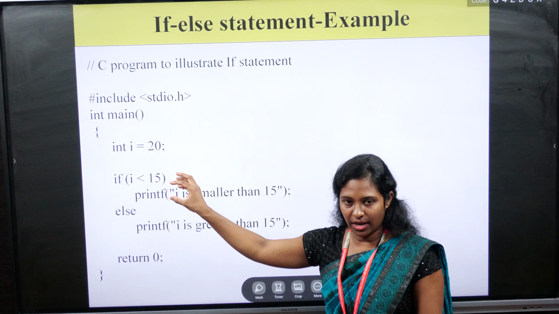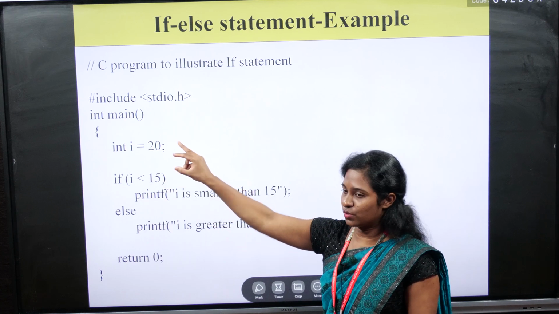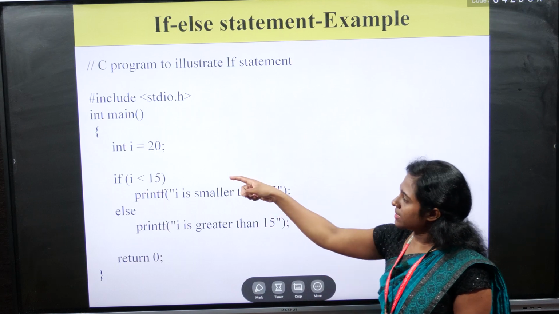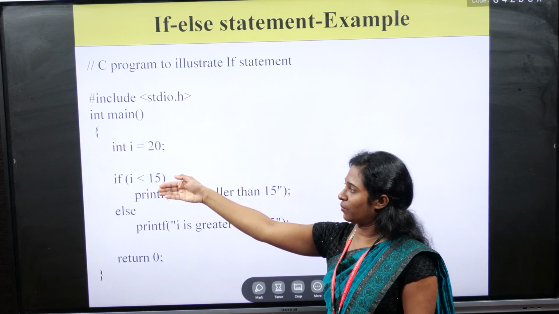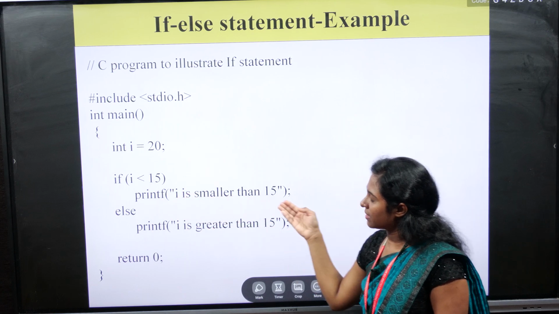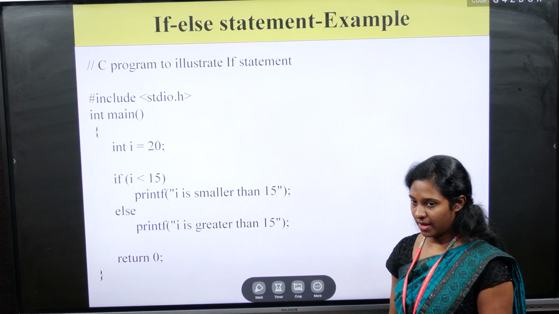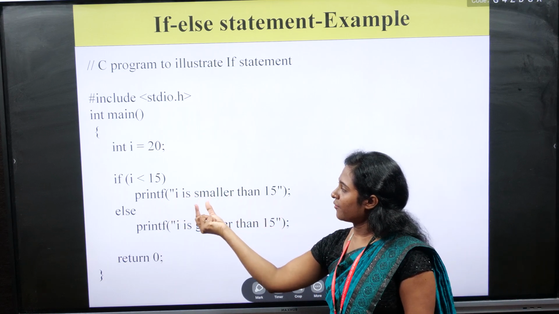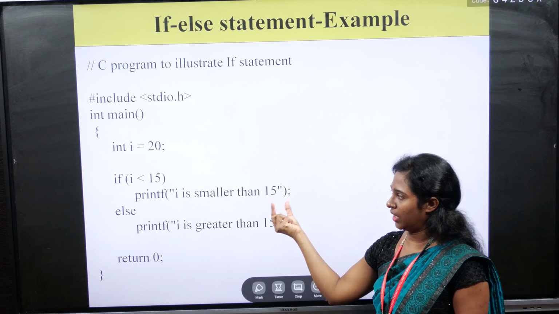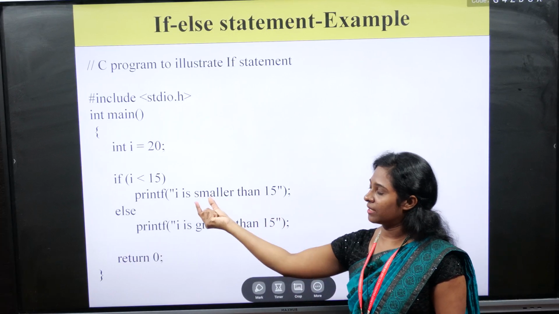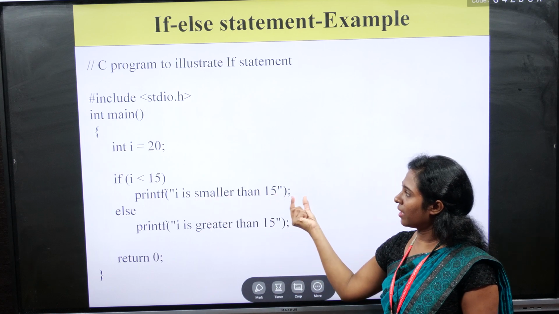The value of I is 20, and 20 less than 15 is false, so the statement inside the if body would not execute; the if body prints "I is smaller than 15".